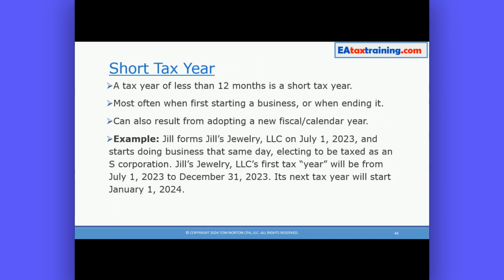So Jill's Jewelry, their first tax year begins on July 1st, 2023 and ends on December 31st, 2023. And their next tax year will start on January 1st of 2024. So that 2023 is considered a short tax year.